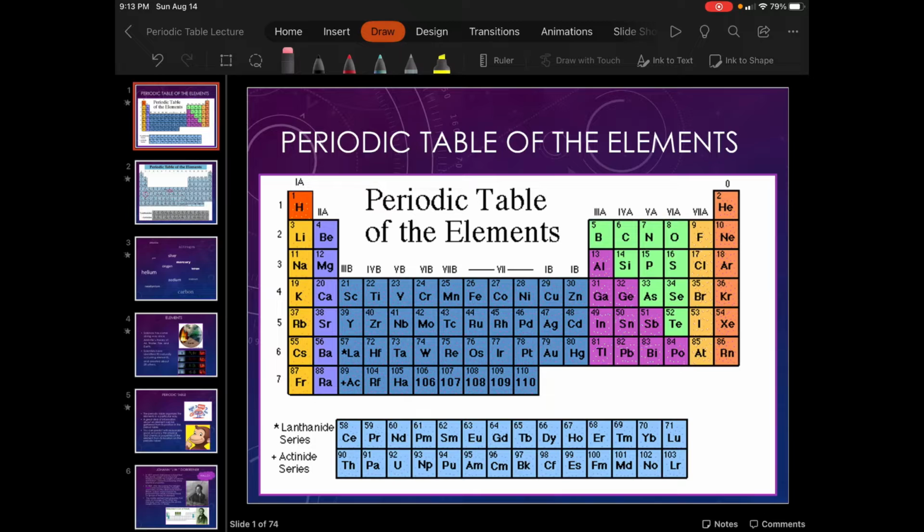And what you will discover is that we will go through some history of the periodic table. We will go through some classifications of the periodic table, specifically groups and families. We'll go through periods and groups to notice what they tell us about the periodic table.